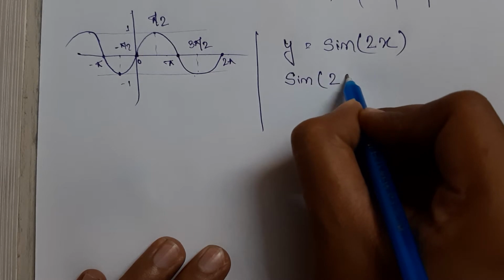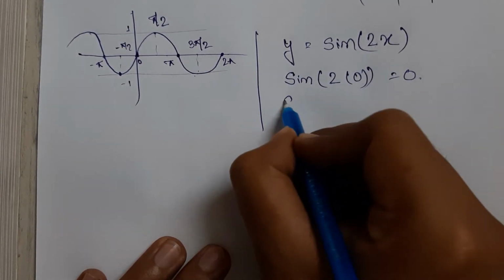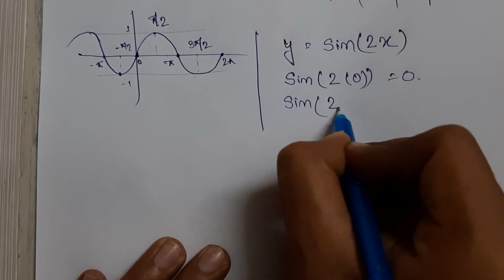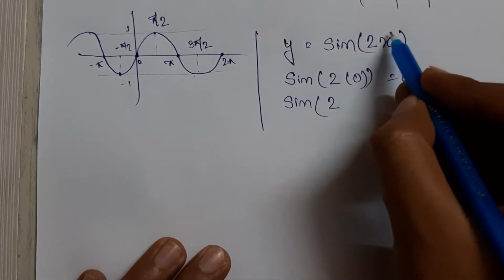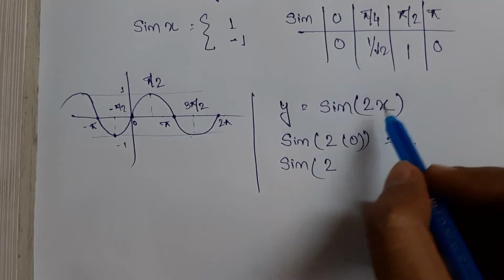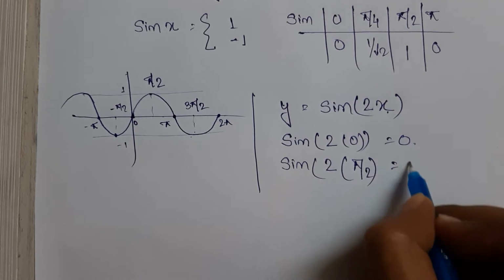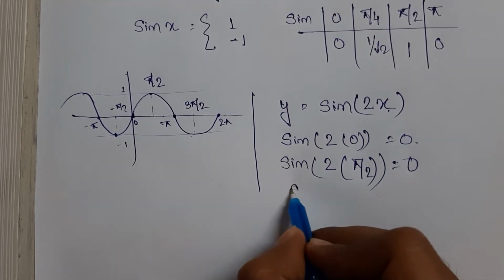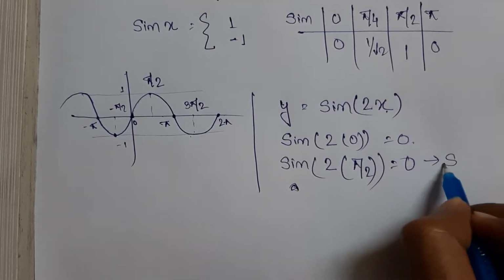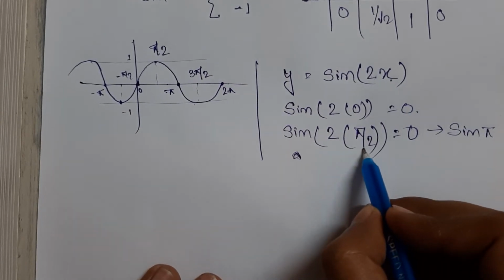When x is 0, it will give 0. There is no problem in that. Earlier it would give 1 when x is pi by 2, but if we give pi by 2 here, it will give 0 because it becomes sin pi. So when x is pi by 2, it will give 0.